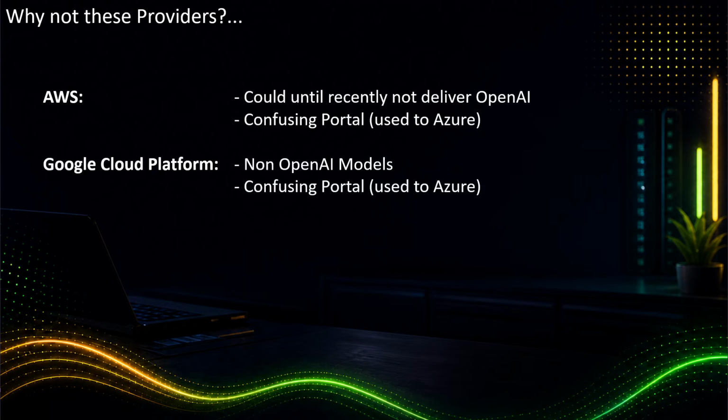Google Cloud Platform, or GCP, doesn't have OpenAI models, and it is a confusing portal. Despite having used it for the various Google APIs, it just feels off compared to Azure.